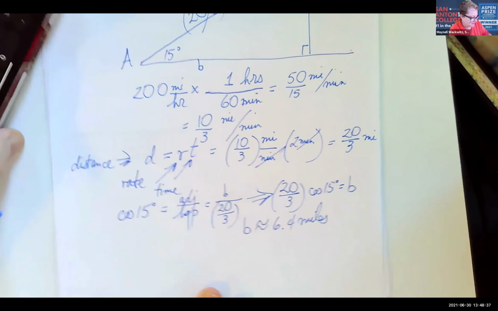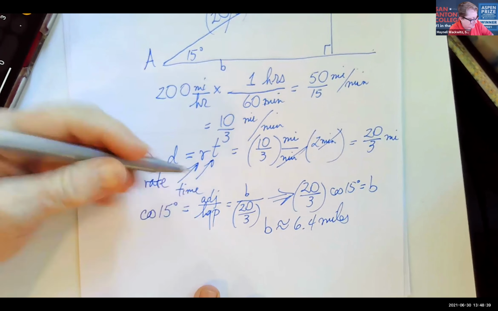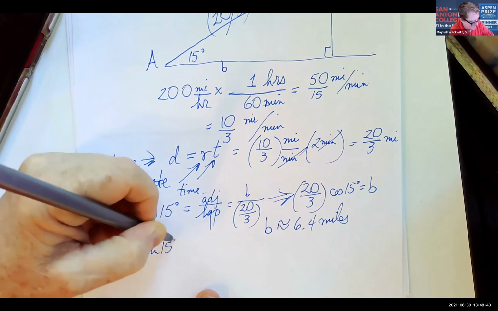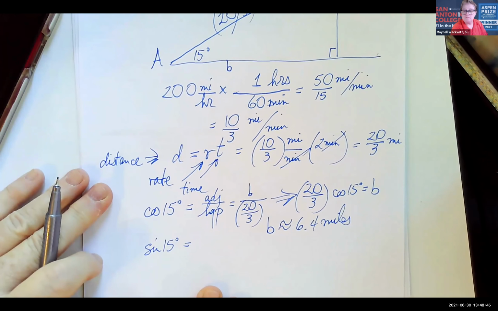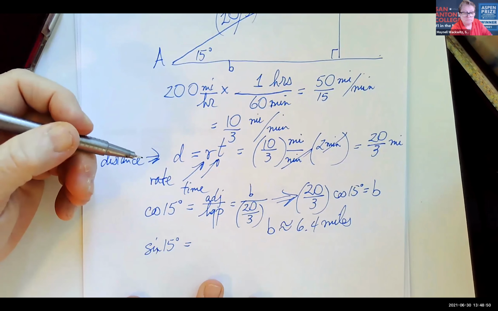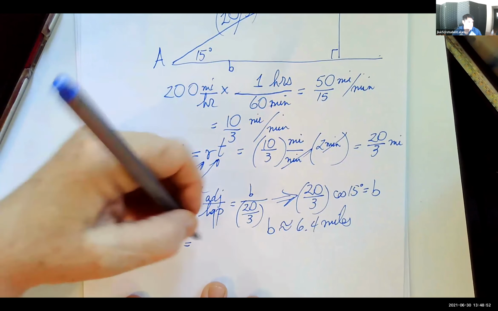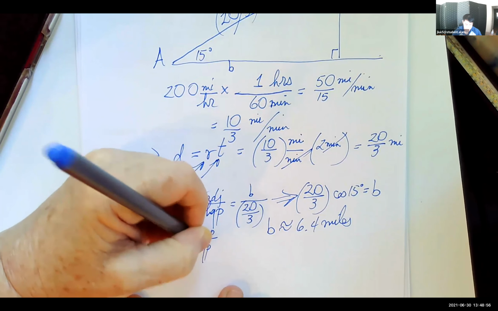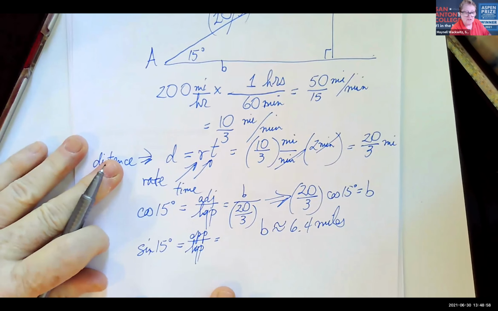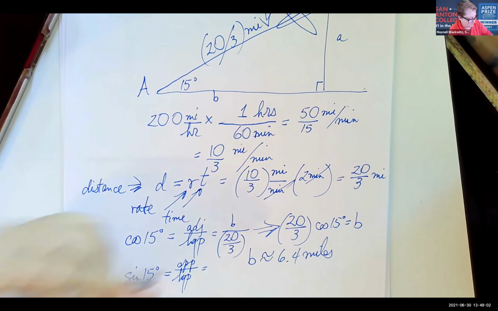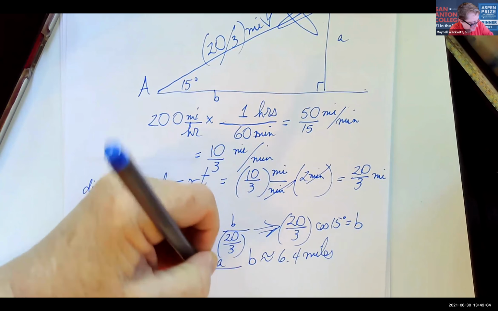What is the exact value for the sine of 15 degrees? Well, sine is whatever what? Sine is opposite over hypotenuse. And the opposite is little a.